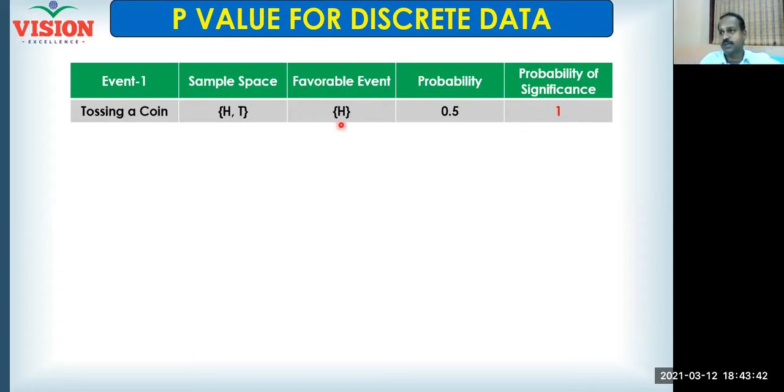So the favorable event is getting a head. What is the probability of getting a head? 0.5. And now what is the probability of significance? It is 1. So the probability of significance is different from the probability, and it is always more than the probability of the event observed, right?